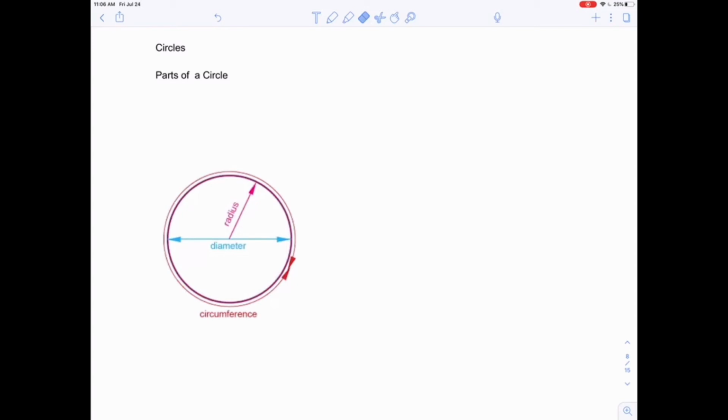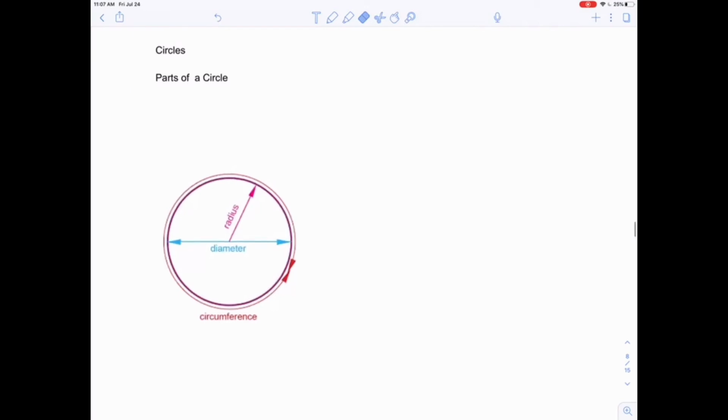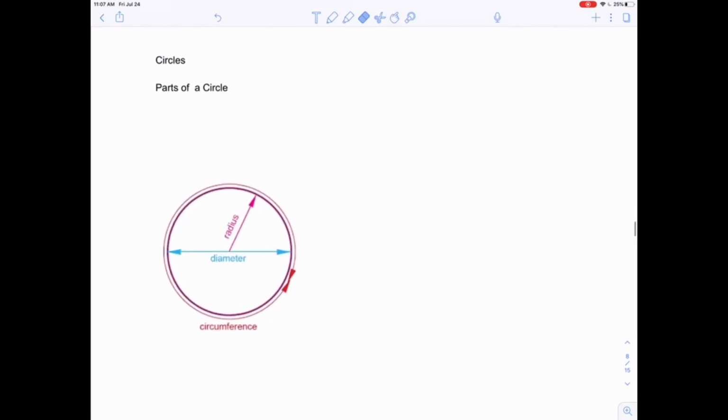We're going to talk about circumference and also area of a circle, but I want to start off talking to you about just the different parts of a circle so we understand exactly what questions are talking about. I just like to visualize things, so I want to show you a simple visual here. So in a circle, we have the center of the circle, okay?